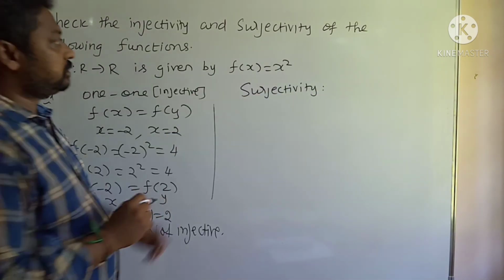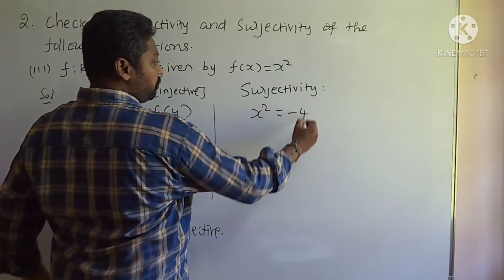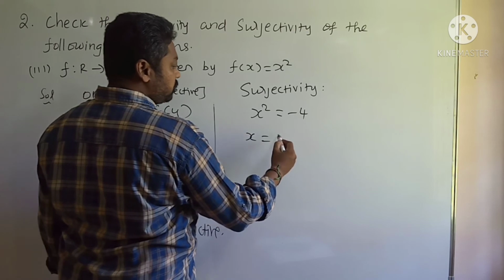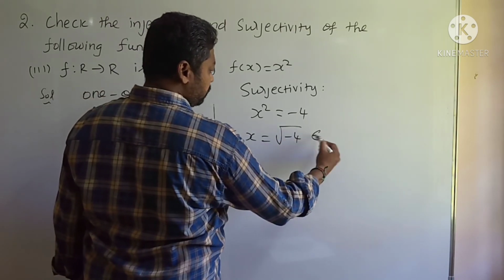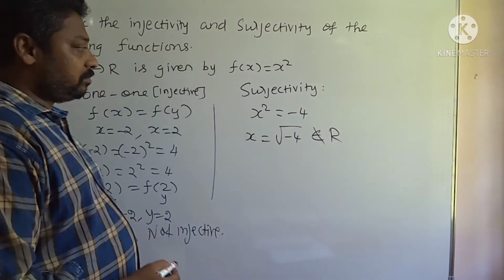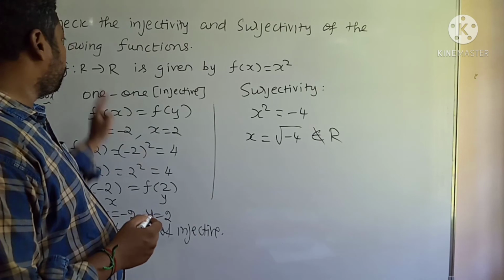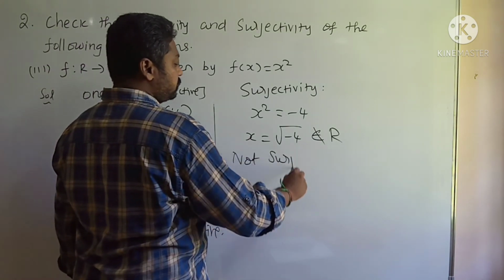We take some value for x square in the set of real numbers, for example minus 4. Then x becomes square root of minus 4, which does not belong to R because it is an imaginary number. Therefore, this is not surjective.